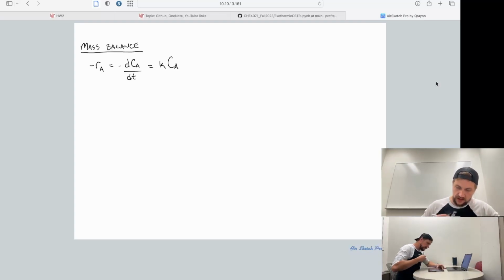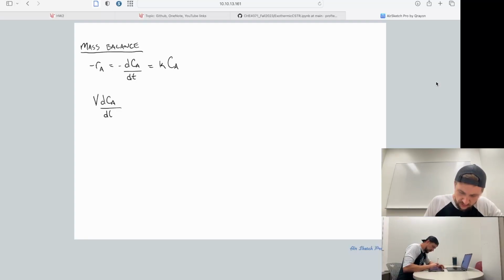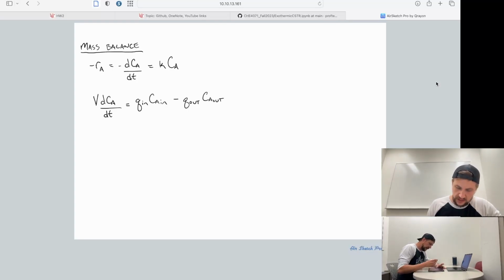Then considering our constant volume, how is A changing with respect to time? Well, this is dealing with the flow coming in multiplied by our concentration coming in, minus our flow leaving and our concentration leaving the tank.